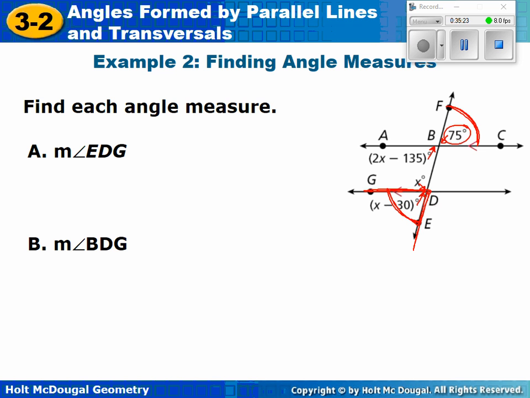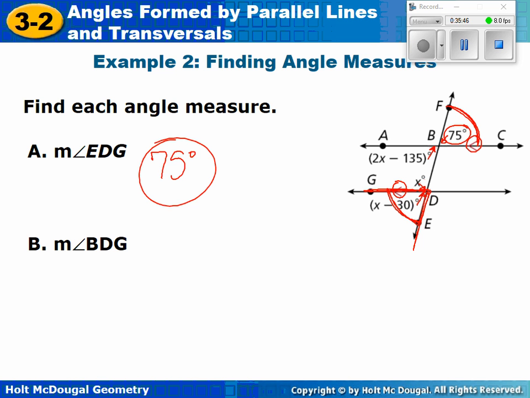Alternate exterior. And since the lines are parallel, which they did mark, I just marked over it here and here. Since the lines are parallel, alternate exterior angles are congruent. So right now you can say this is 75 degrees. Okay, and I use the alternate exterior angle theorem.